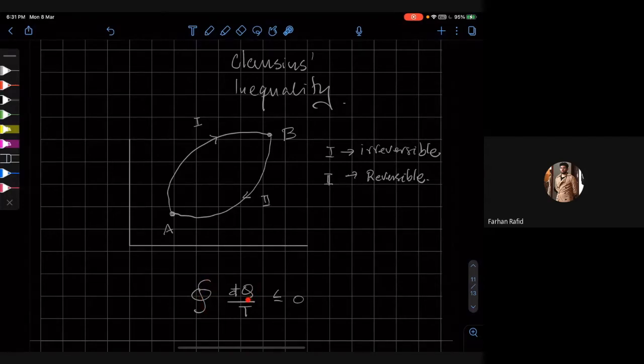Now, if all these paths were reversible, then this would be 0, and that's how we said that there exists a state function called entropy. So I'm probably not understanding the question you're asking. Can you try again?